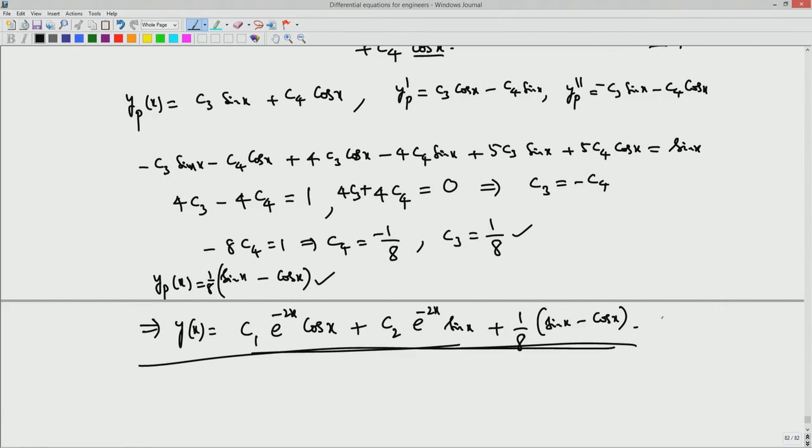So, this is your general solution of the given equation. So, sometimes the method of variation of parameters will give you an easier way to find the particular solution. Sometimes if the equation has constant coefficients and the right hand side has elementary functions, you can easily work it out with the method of undetermined coefficients.